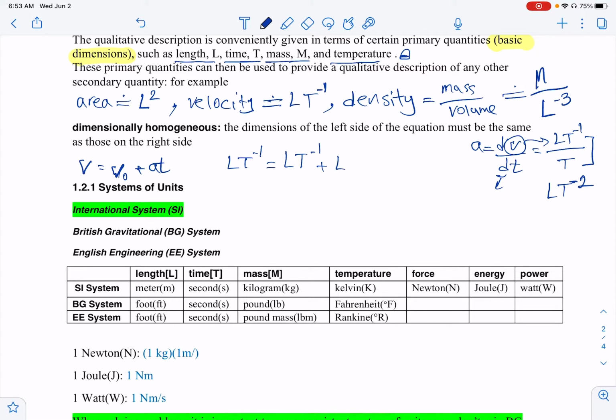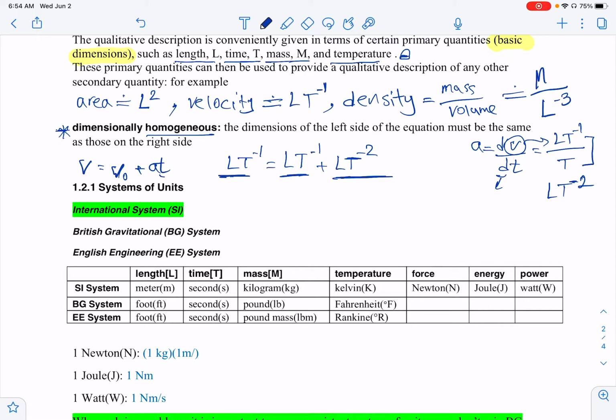So here we have L t minus 2, right? But just be careful: all three of these terms should be exactly the same, otherwise we didn't follow this rule. It's homogeneous.